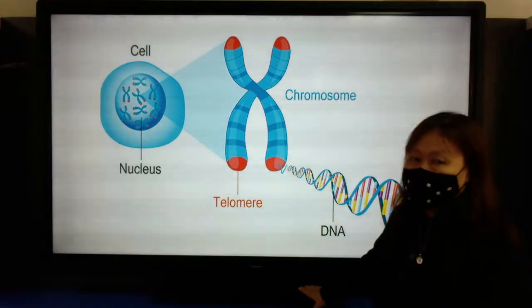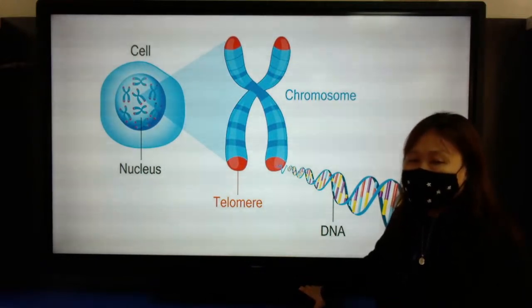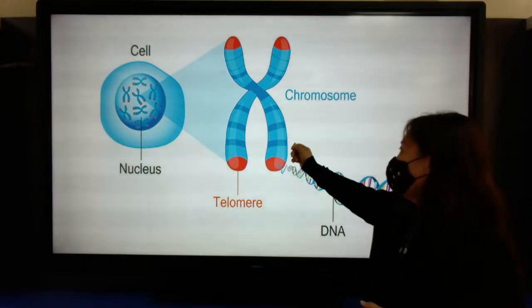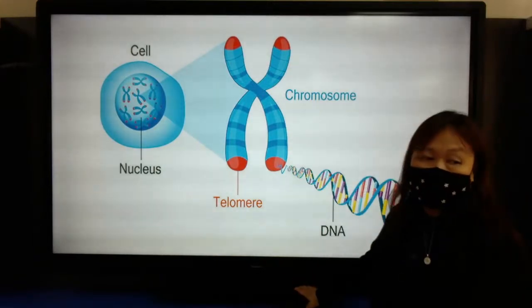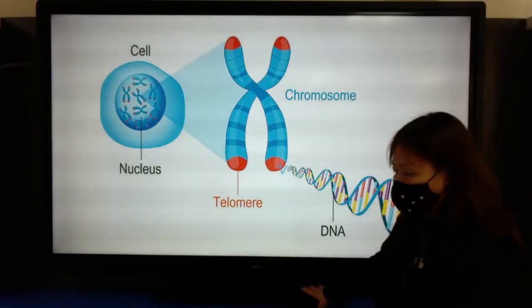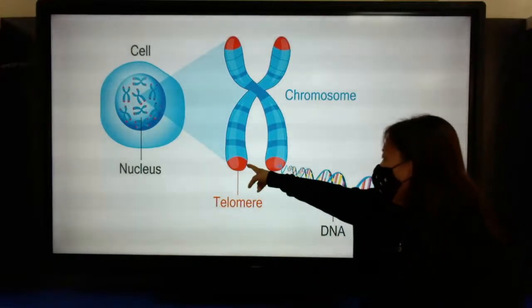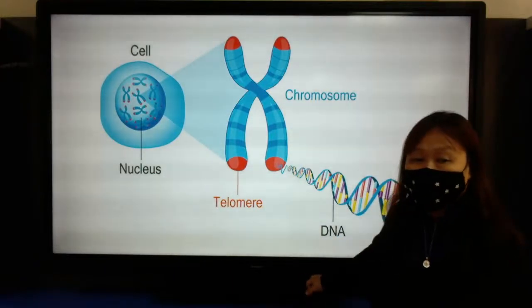What is that protein? We call it a histone. So the DNA molecule wraps itself around that protein and it exists in the nucleus of the cell as a chromosome. And the end part, the tip of the chromosome, is called a telomere.